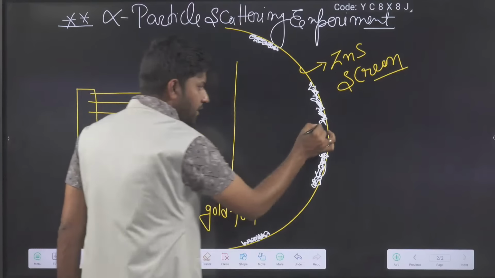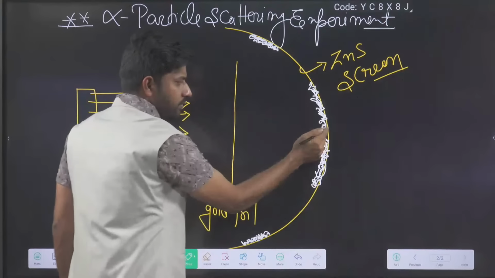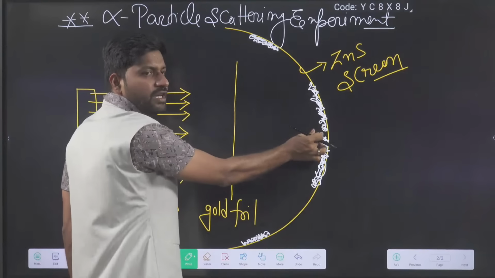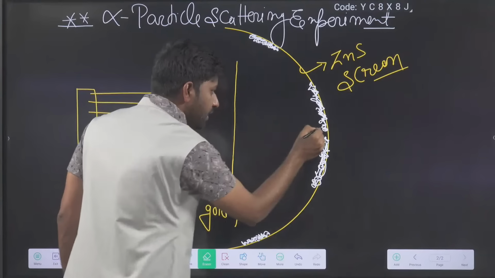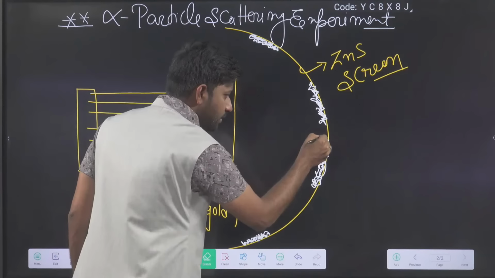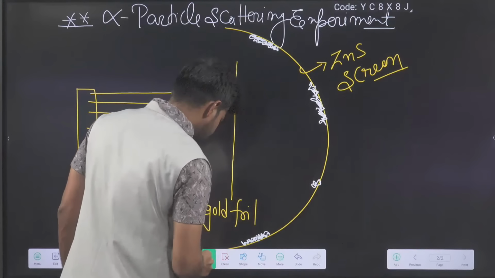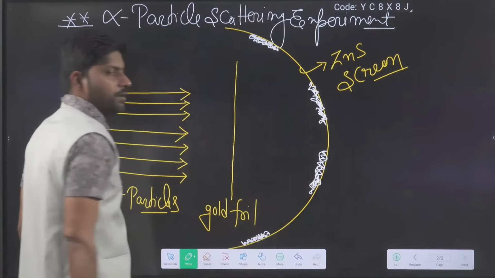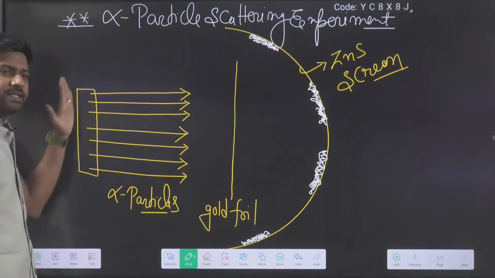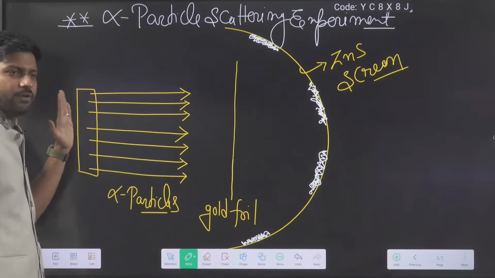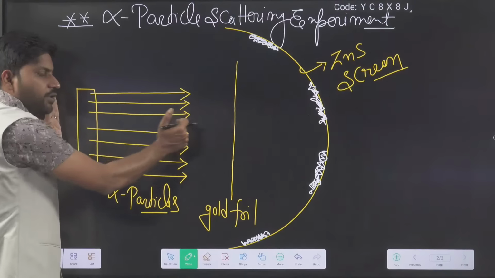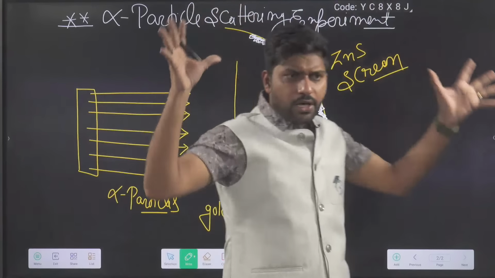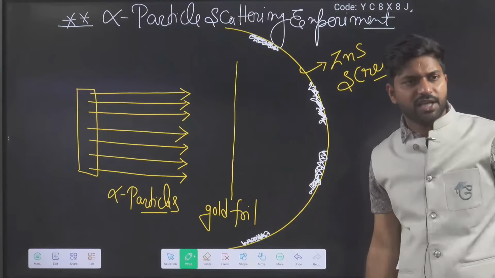And here in the center point, very less shining came, as well as the back side. Here also he has kept one device which observed very little shining. Now this was the experiment. The experiment was this much.